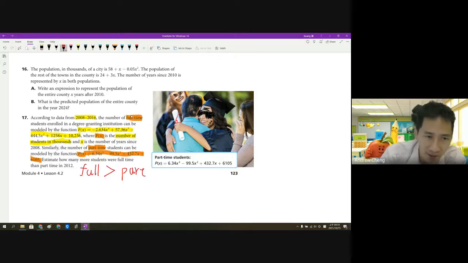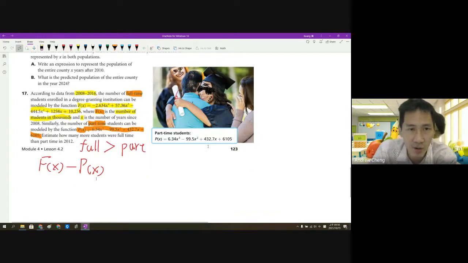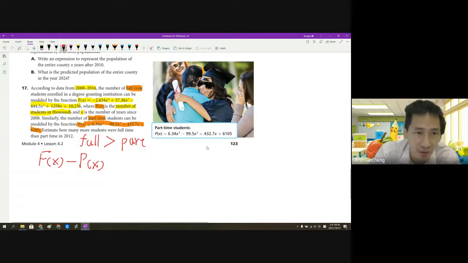So if I want to find the difference, I have to use subtraction, f of x minus p of x. Okay. I will use vertical. I don't know why I chose such a complicated question. I want to use vertical.